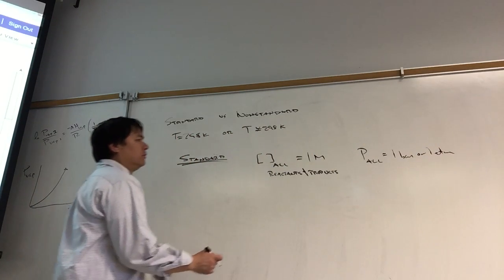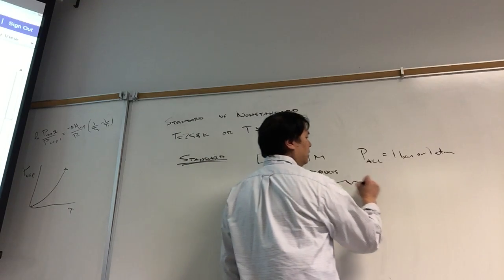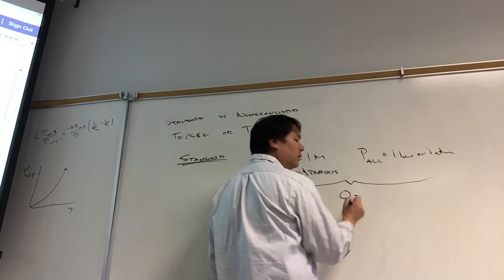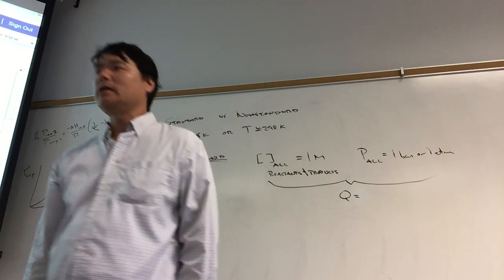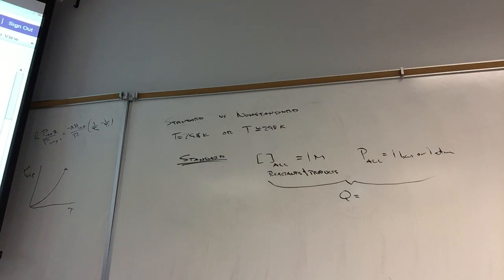In other words, this tells us what our Q is. If everything's at 1, what is Q equal to? Products over reactants: 1 squared, 1 cubed, 1 to the 5th power is always going to be 1, so Q is going to equal 1.